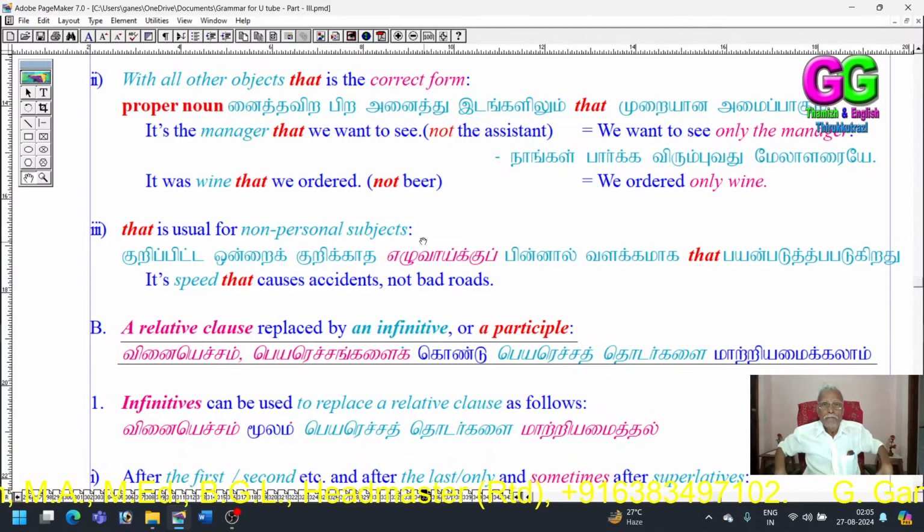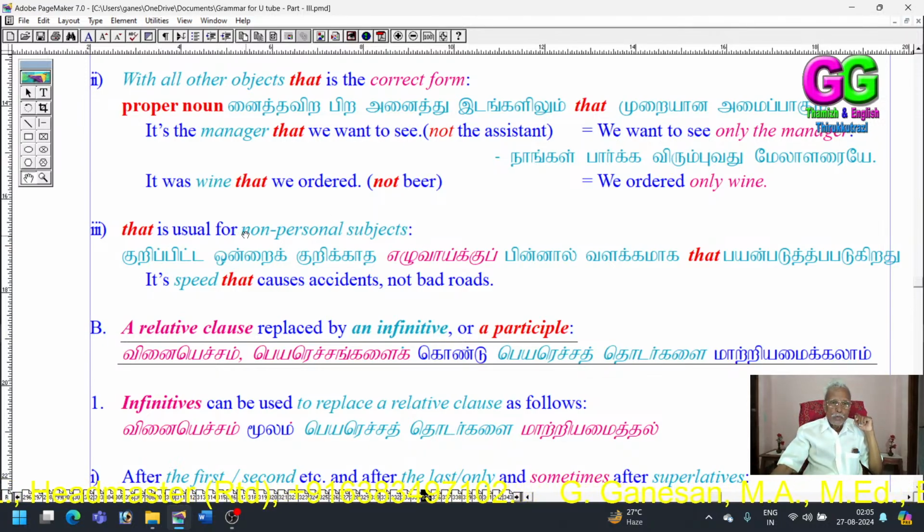Thirdly, when the subject is a non-personal one, when the subject does not represent a particular person or thing or a place, there we should use that as the pronoun.